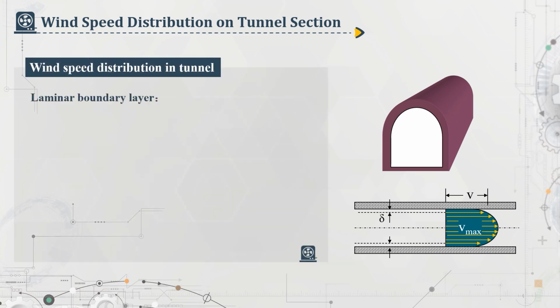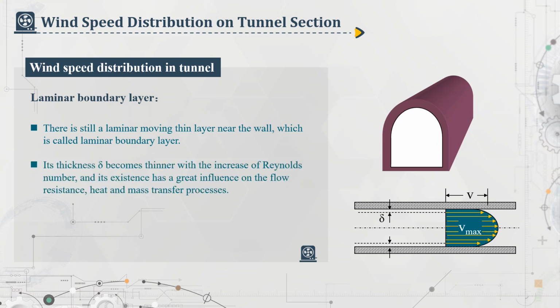There is still a laminar moving layer near the wall, which is called the laminar boundary layer. Its thickness δ becomes thinner with the increase of Reynolds number, and its extent has a great influence on the flow resistance, heat and mass transfer processes.